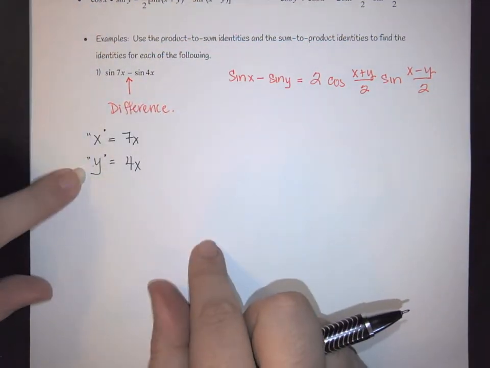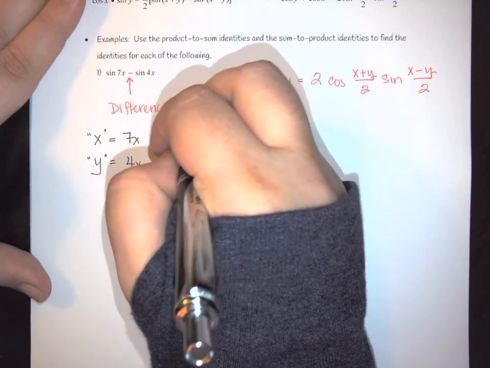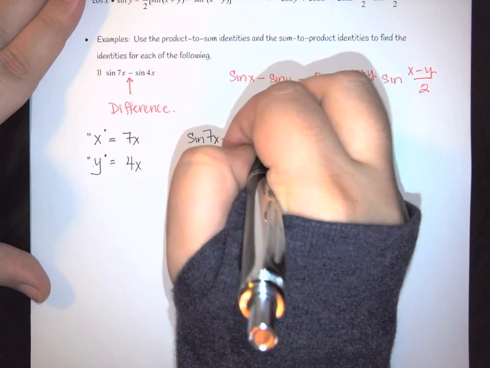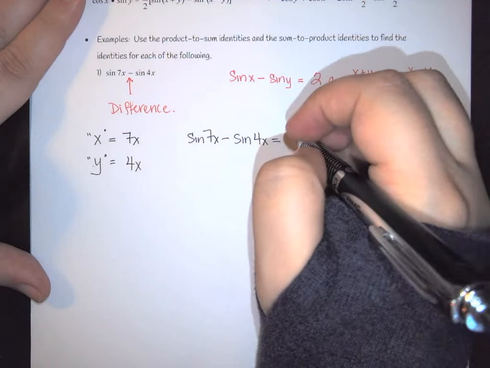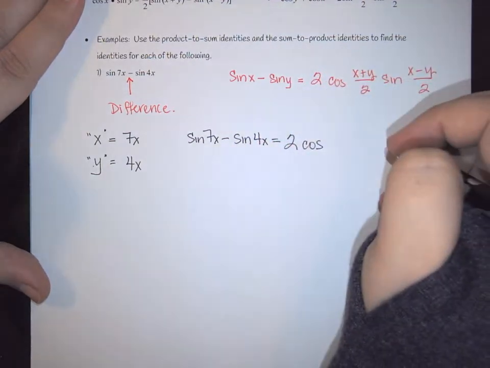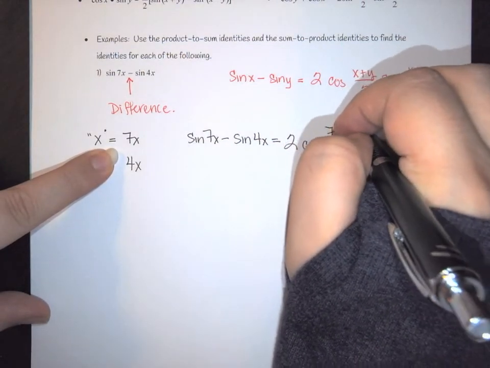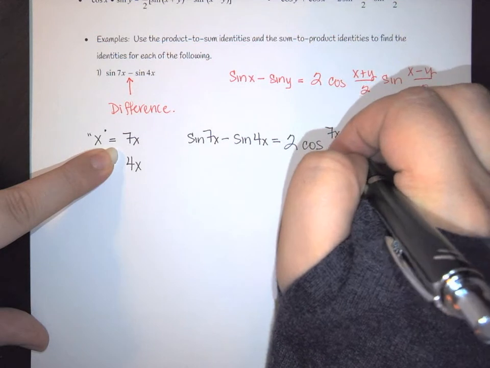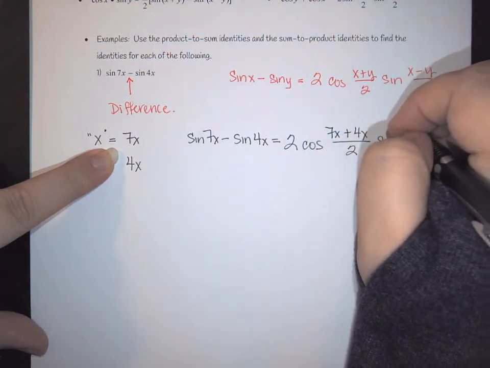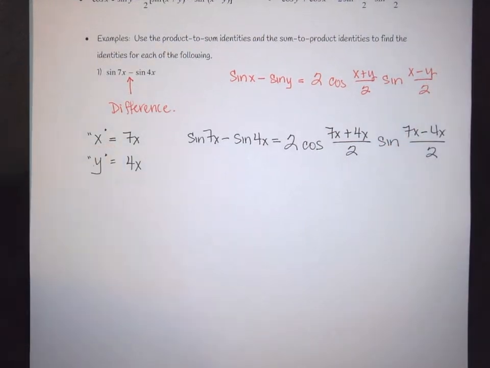Once you know which is x and y, you simply have to plug them in. The sine of 7x minus the sine of 4x equals 2 cosine of (7x plus 4x) divided by 2, sine of (7x minus 4x) divided by 2.